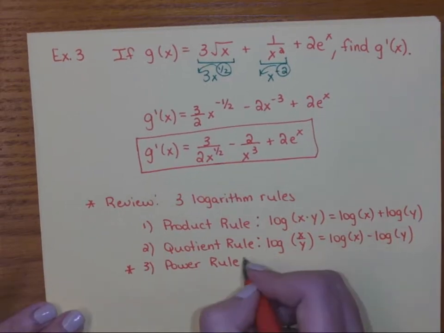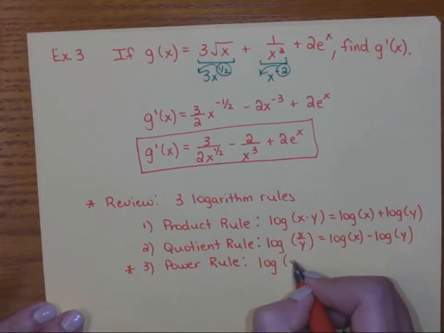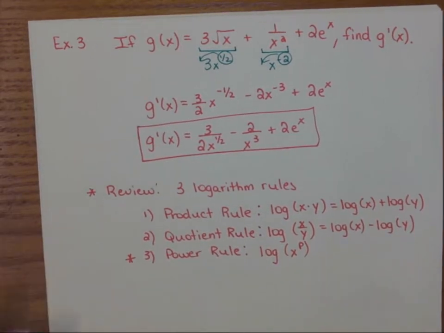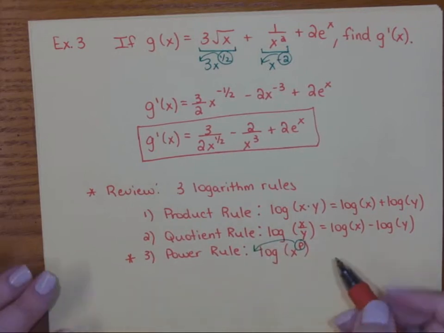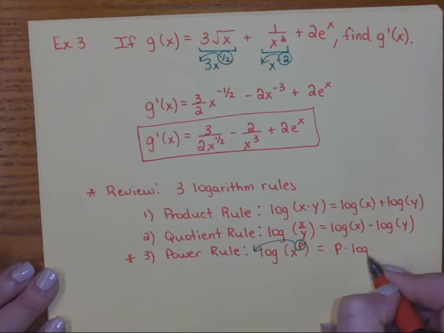And then last but not least, the power rule is for when you're doing the log of maybe x raised to a power p. And when you do that, the p moves around to the front. So you're allowed to change this into p times the log of x.